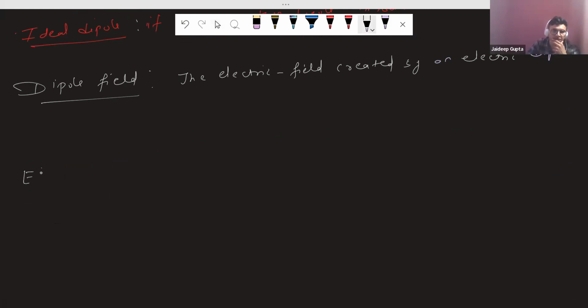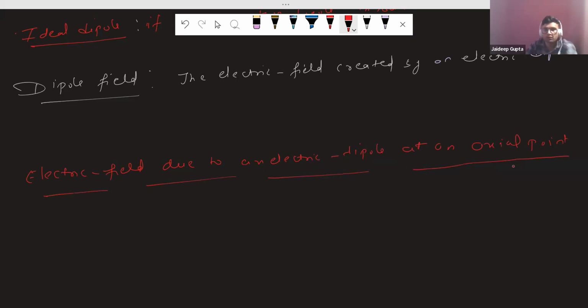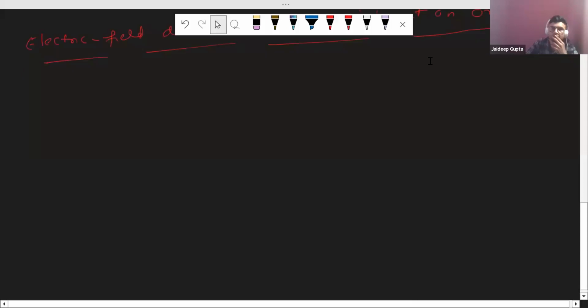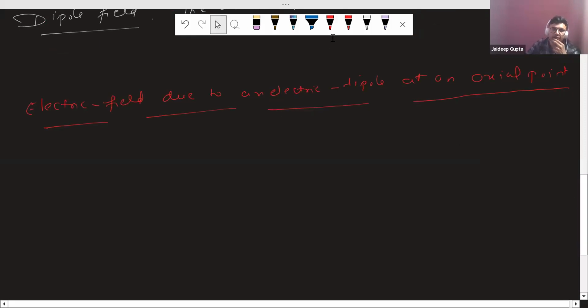No derivations. Electric field due to an electric dipole at an axial point.